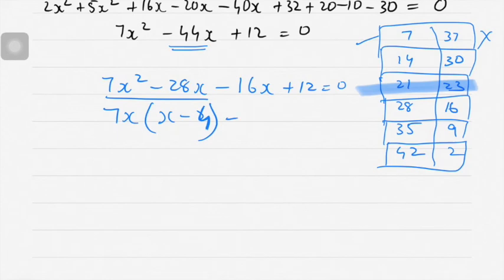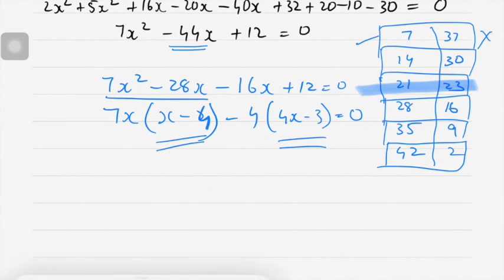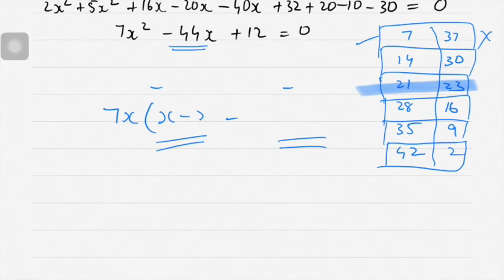So here what is common? 4 threes are, 4 fours are. Okay, 4 is common. Right? So 4x minus 3. So again my bracket is not same. Correct? So that means I cannot take this option also.